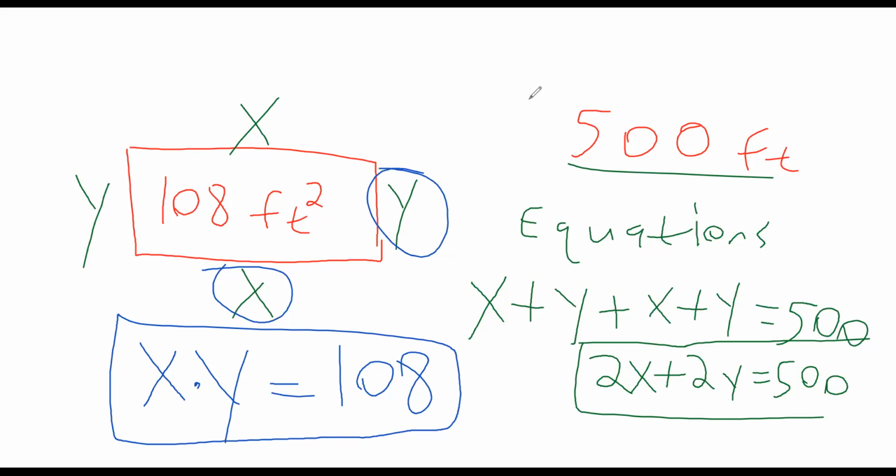If I said the length has to be exactly twice the width for whatever reason, then I can suddenly narrow it down and there's only certain things that x and y can be. So we're not actually solving anything at this juncture. We're simply looking at it, seeing what we could model with algebra.